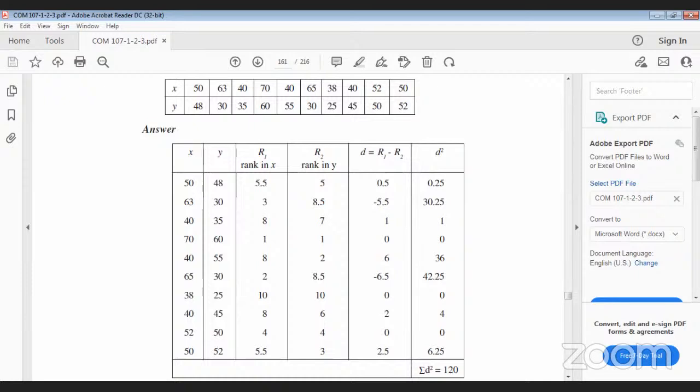Then for Y, the highest number is 60, rank 1, 55 is second. Then the third rank is 52, fourth is 50. Then fifth is 48. And sixth, you will see there are 2 numbers, 30 and 30, taking 8 and 9.